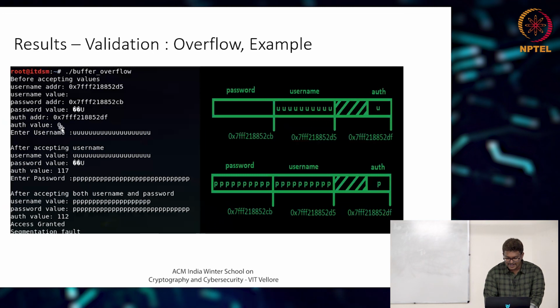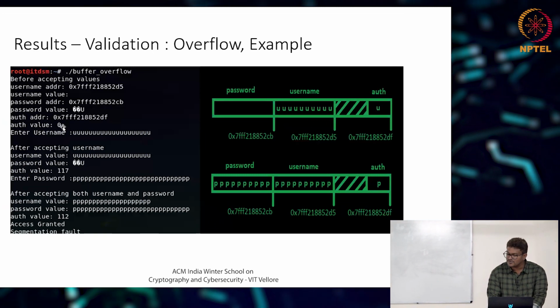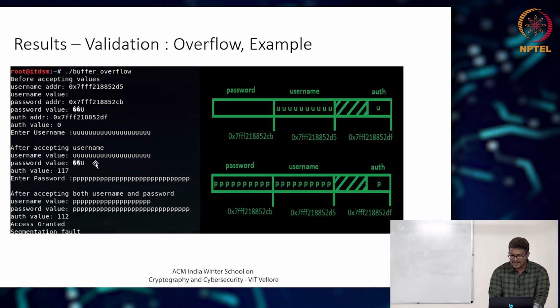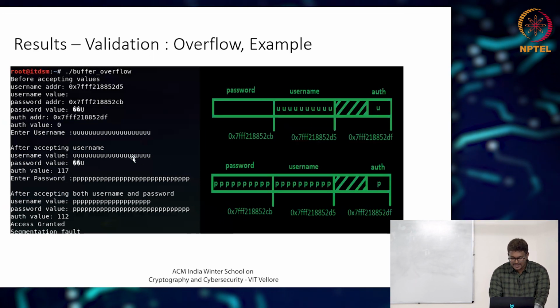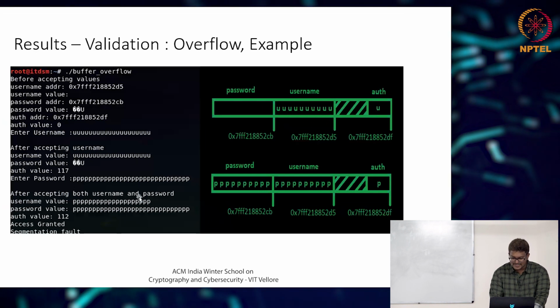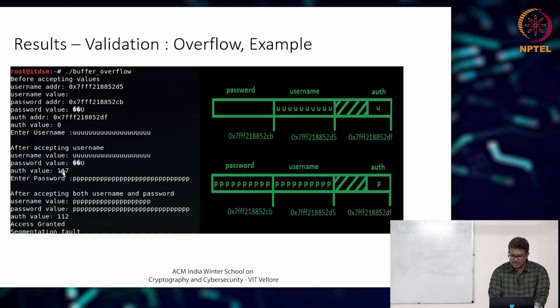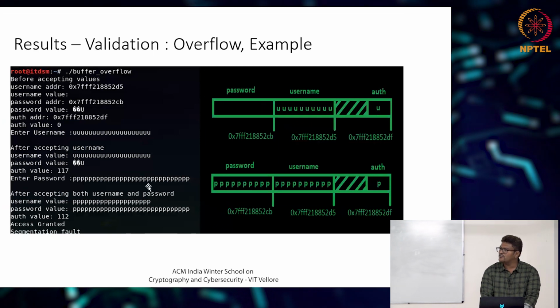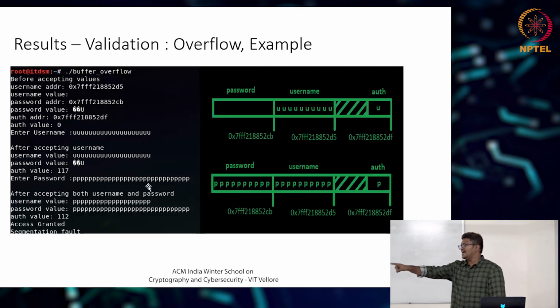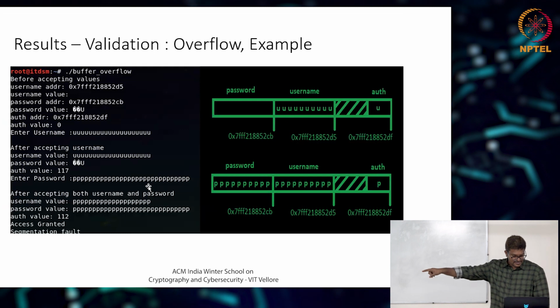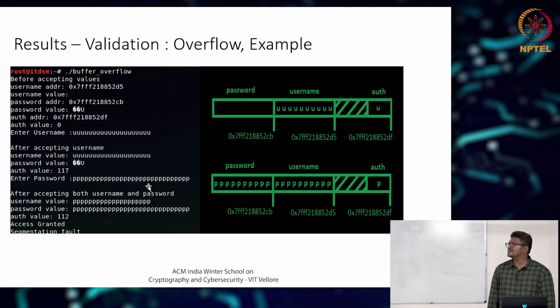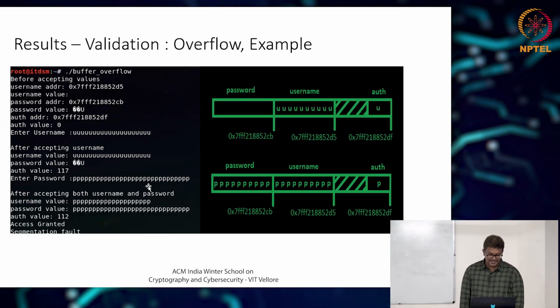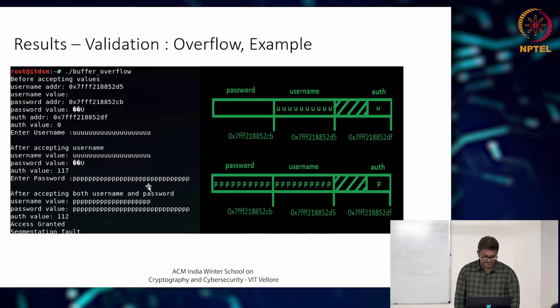If you look here, the authentication variable before execution was 0. Now it gets overwritten. Here I am typing a lot of U and a lot of P's, right? So what is the value it is giving? 117. And if you check the ASCII value for P, you will get the same value, 117, or sorry, 112.